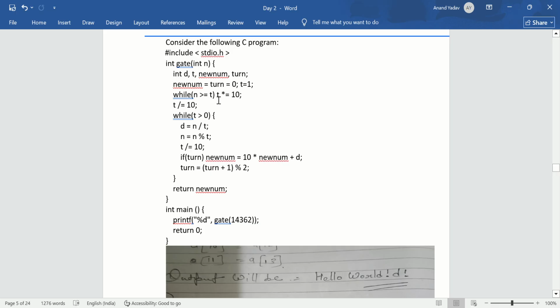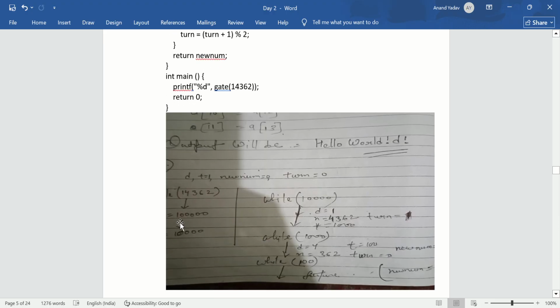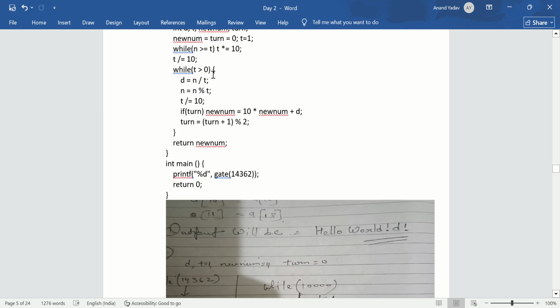When t is not greater than n, it will multiply by 10 again and again. When it is greater than n, it will divide by 10.